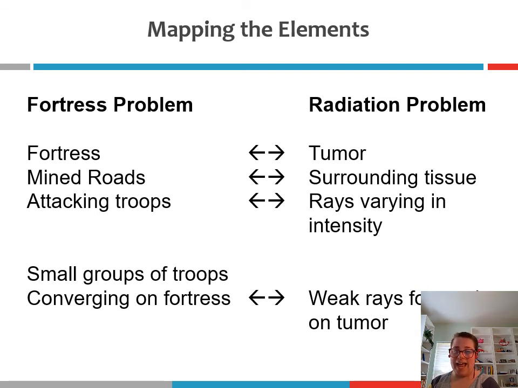And the attacking troops are that converging process. So bringing many troops together down the mined roads, or bringing many low intensity rays together, right? The small groups of soldiers converge upon the fortress, and the weak rays, or the low intensity rays, converge upon the center of the tumor.